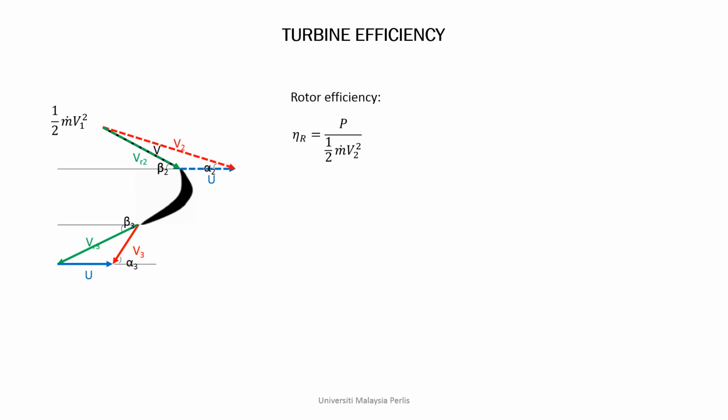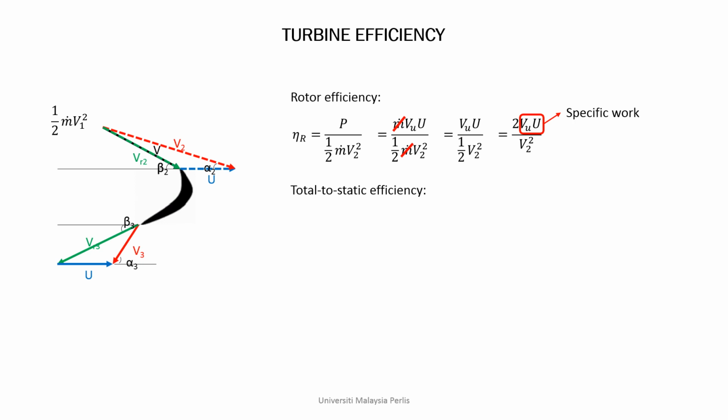Inserting the equation for power, we get this equation, and we can cancel the mass flow rate into the final form of rotor efficiency of 2VU2 divided by V2 squared. If we look into the final form of rotor efficiency, this part is actually the specific work done by the rotor.